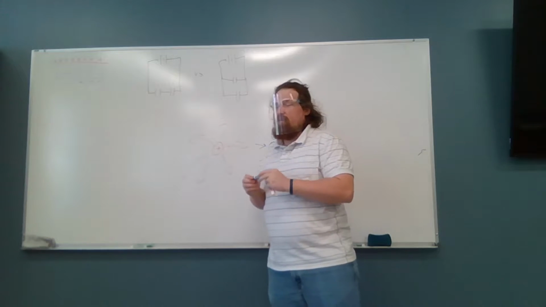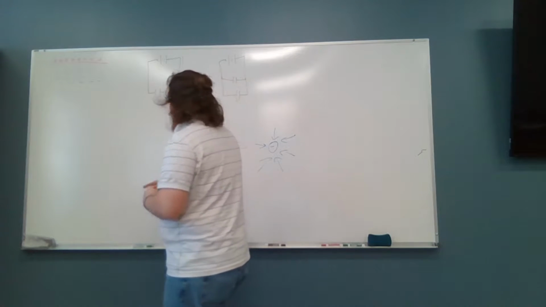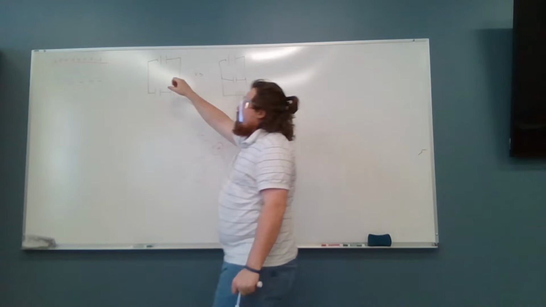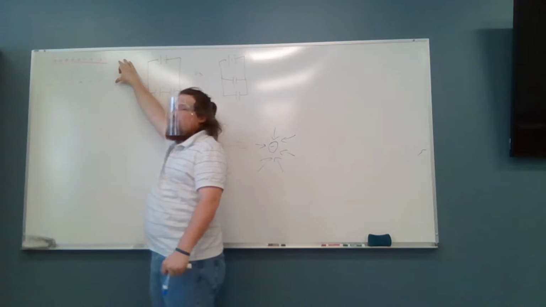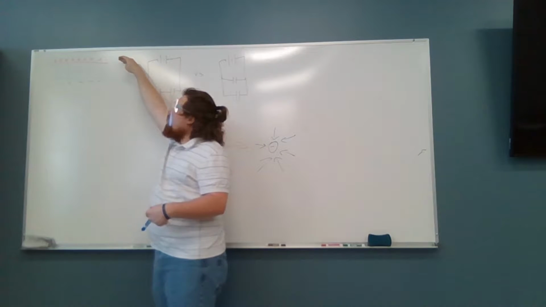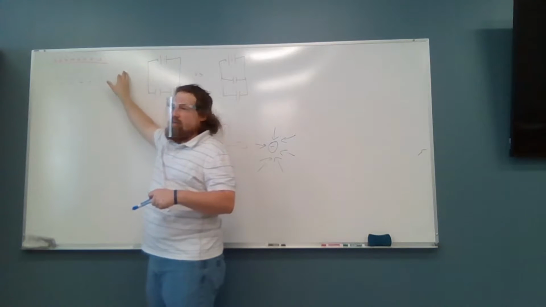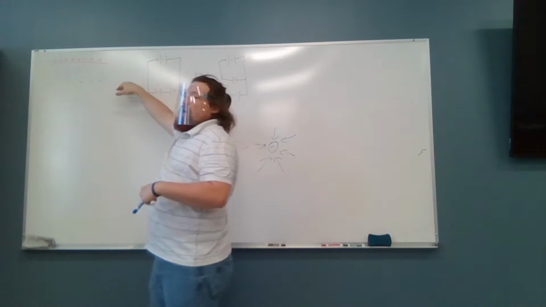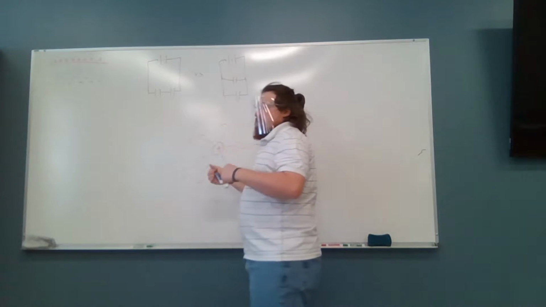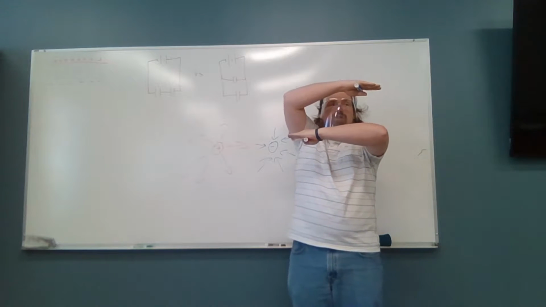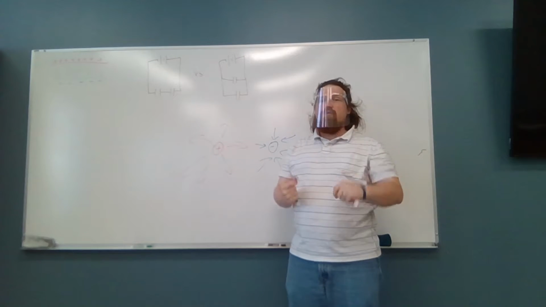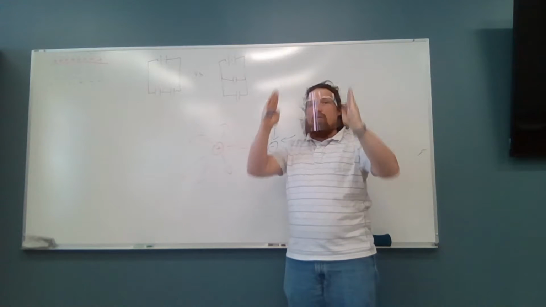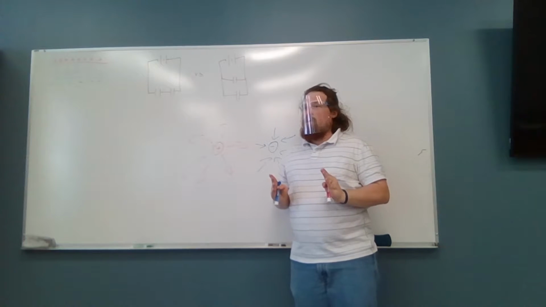The idea of a capacitor is instead of having single particles some distance from one another, you have two parallel objects, one of which has a positive charge all the way across it, one of which has a negative charge all the way across it. And the effect that this has is the space between those two objects has a uniform electric field inside of it, where all the lines are parallel and pointing in the same direction.